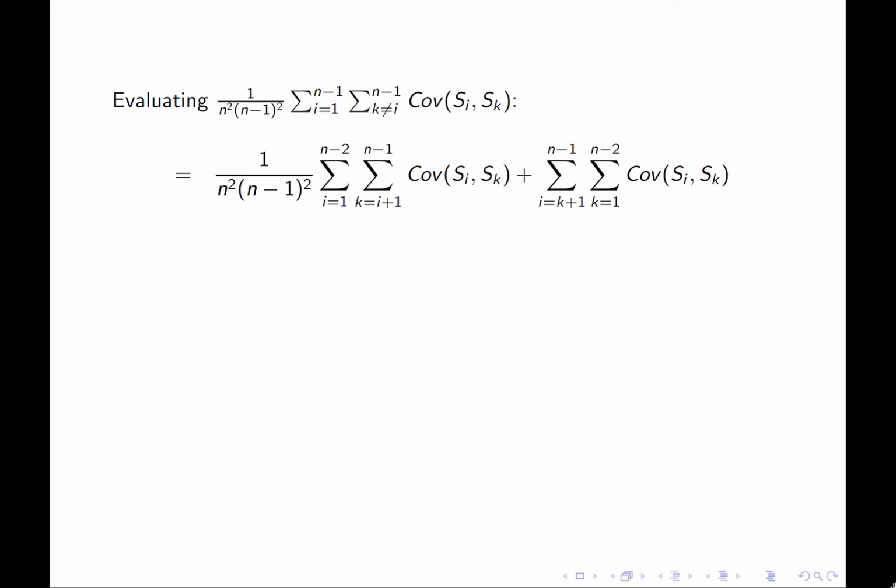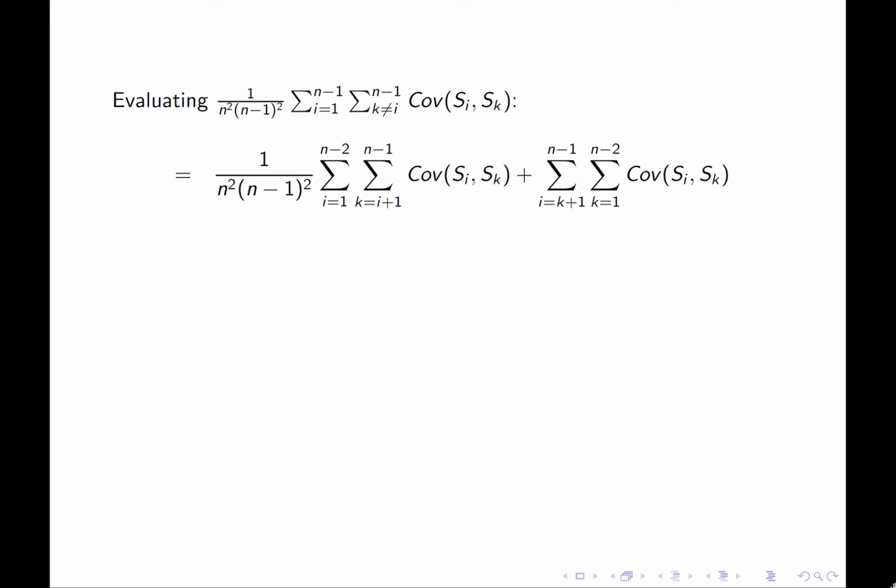Essentially, in this first term of the covariances, we have k greater than i. k will always be bigger than i, right? And in the second term, we have k less than i, right?